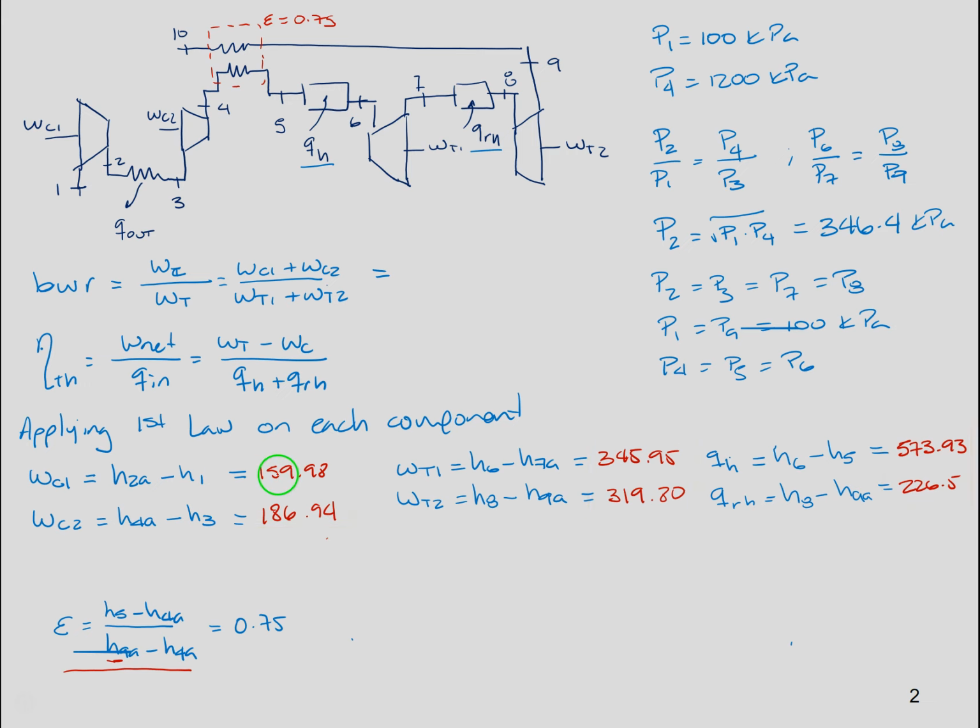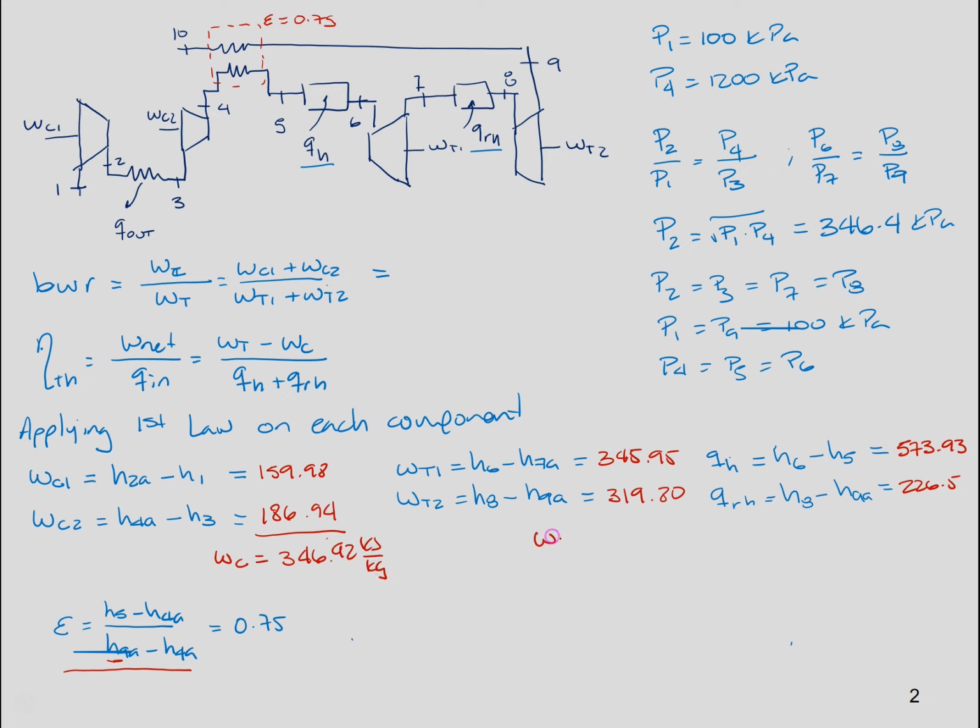As we mentioned, you can do all the math because you know the values, and these are the individual values for the compressor work 1 and 2. So the total compressor work will be 346.92.